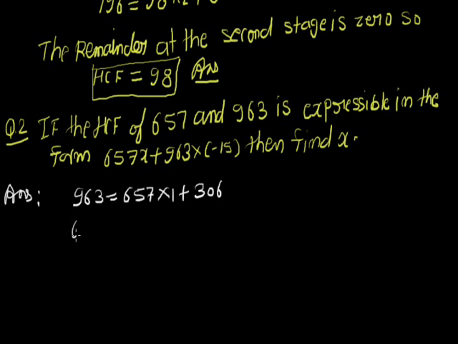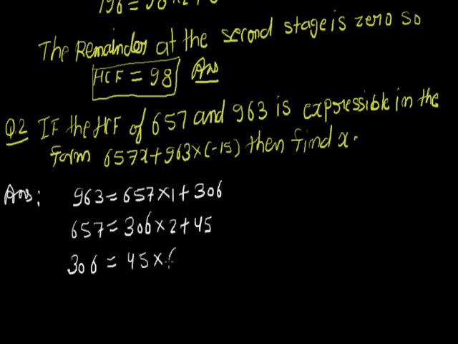In the second step, we divide 657 by 306; the quotient is 2 and the remainder is 45. In the third step, we divide 306 by 45, that is 6 times, and the remainder is 36. Now we divide 45 by 36; the quotient is 1 and the remainder is 9.